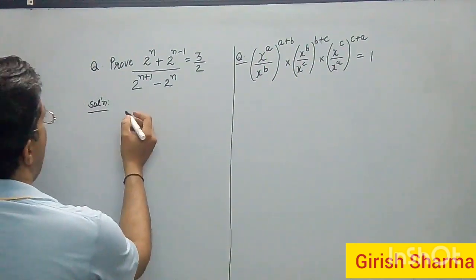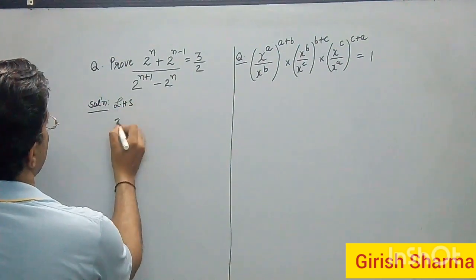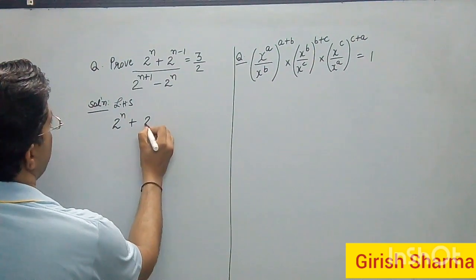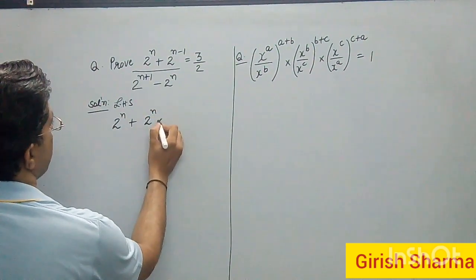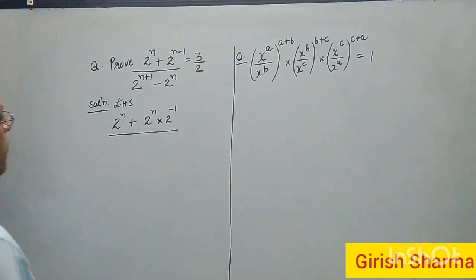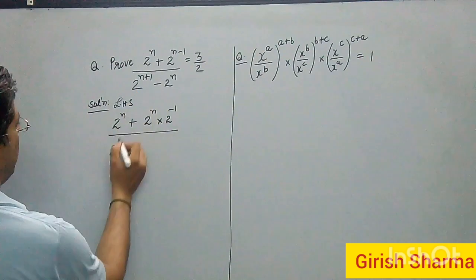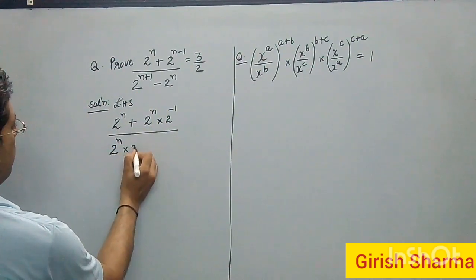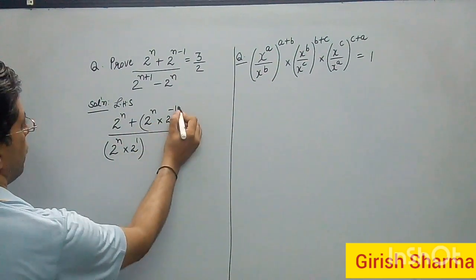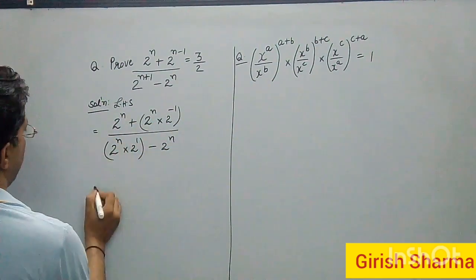See here, I am taking the LHS. 2 power n and 2 power n minus 1, I am writing like this. Here in the denominator, 2 power n plus 1 is 2 power n into 2 power 1, and in the bracket minus 2 power n.